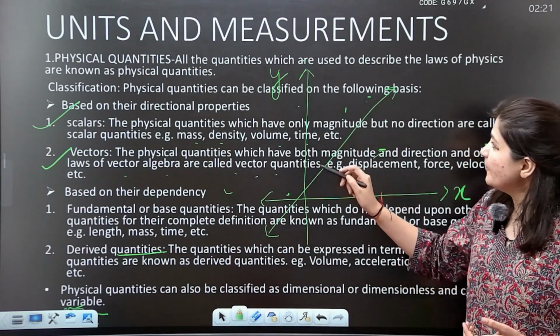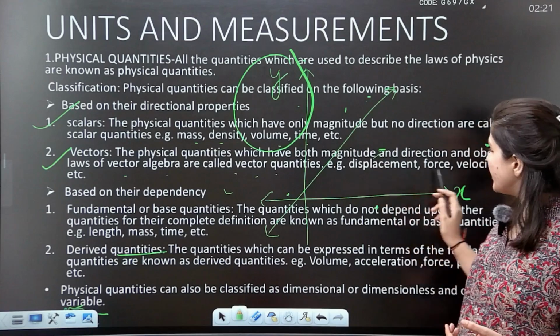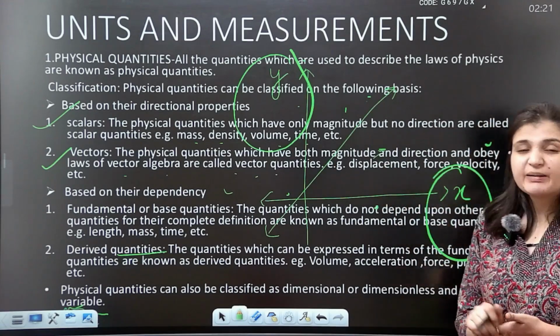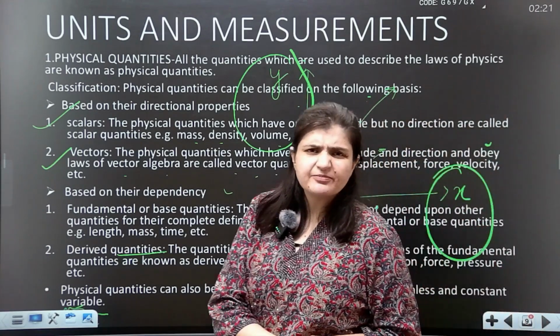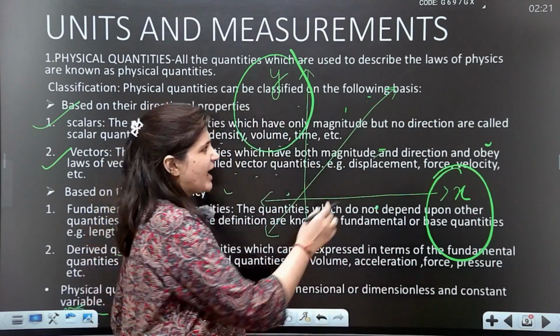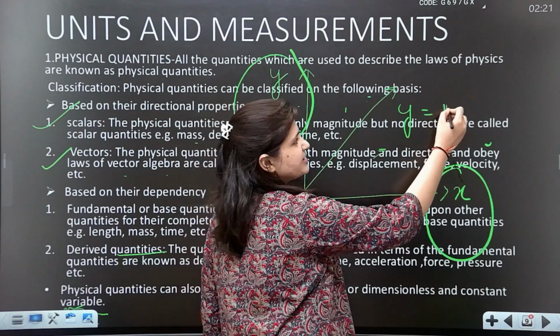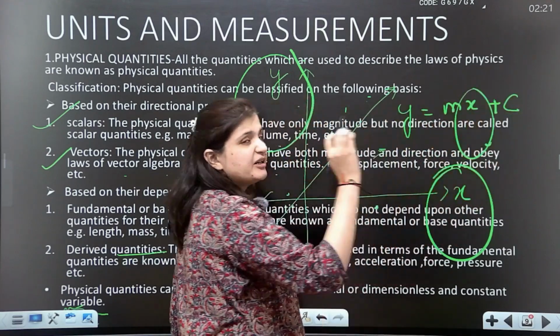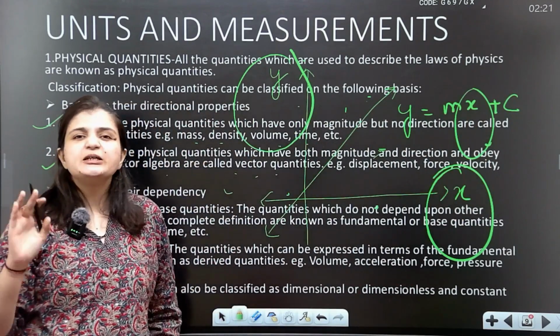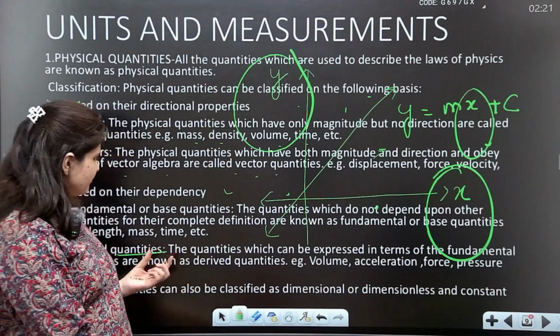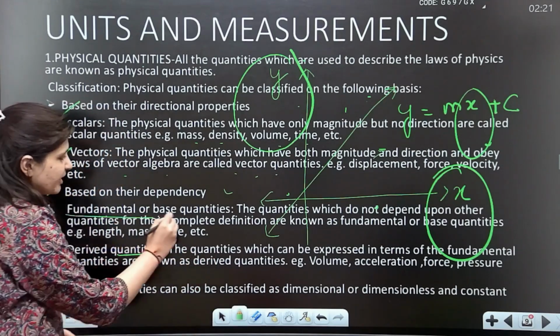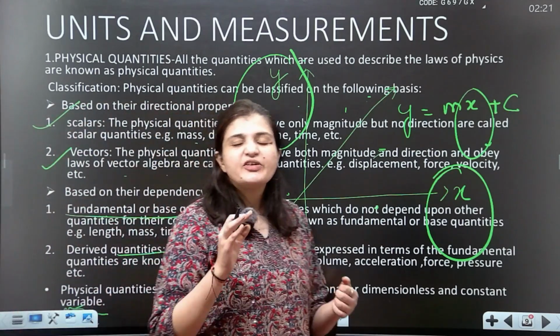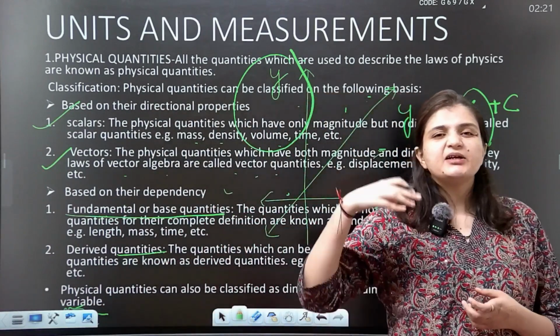So we know that the value of y is dependent on x. But is this x dependent on anything? Like we have y equal to mx plus c, which is an equation. So is this x dependent on anything? x is independent. Similarly, we have this concept of fundamental and base quantities, where it is not dependent on anything.